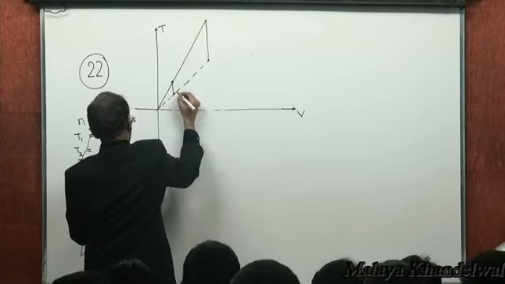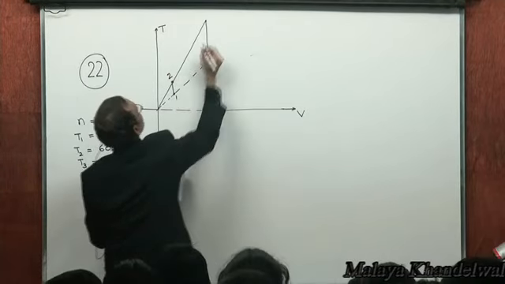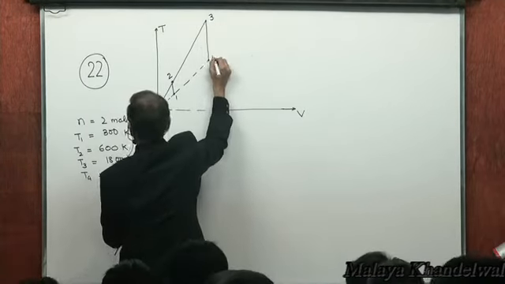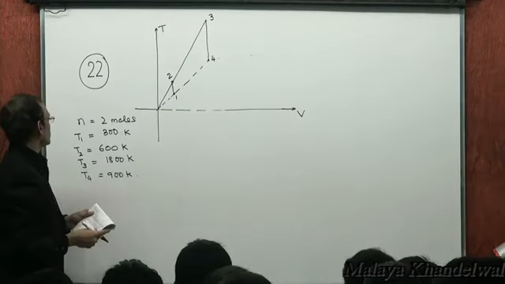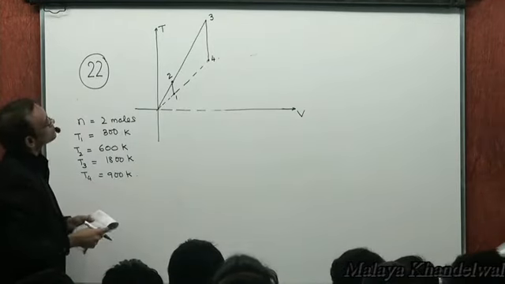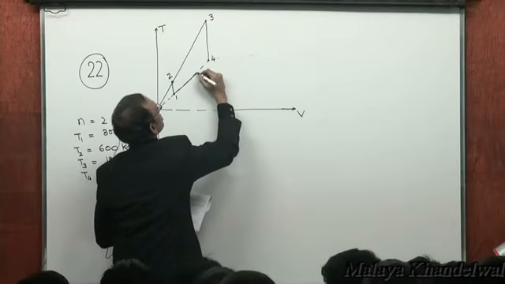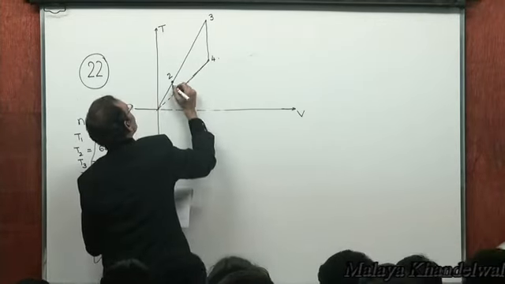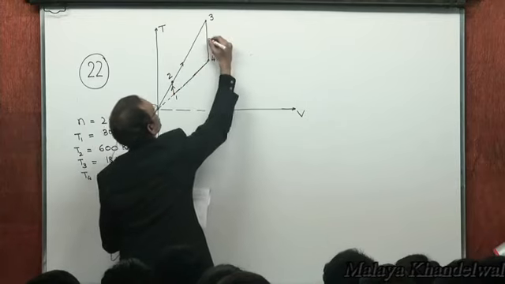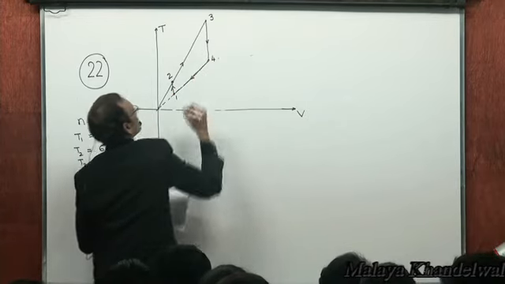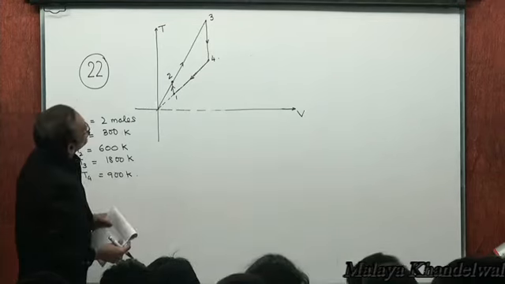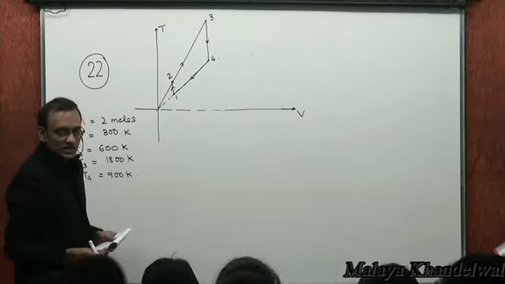This is the cycle. This is 1, 2, 3, 4. Now T4 looks a wee bit higher than T2. That seems all right. 1, 2 and 3, 4 are isochoric processes.